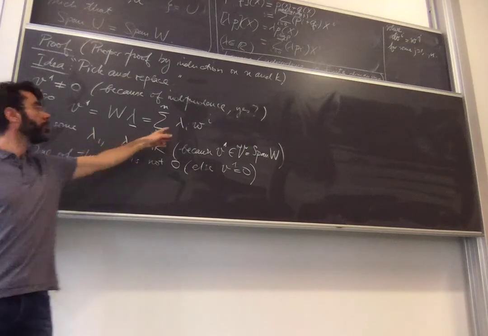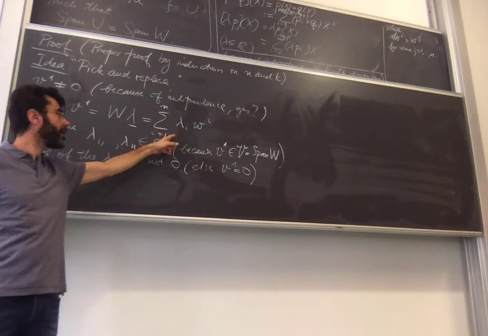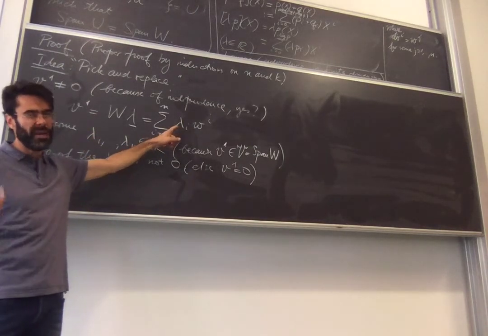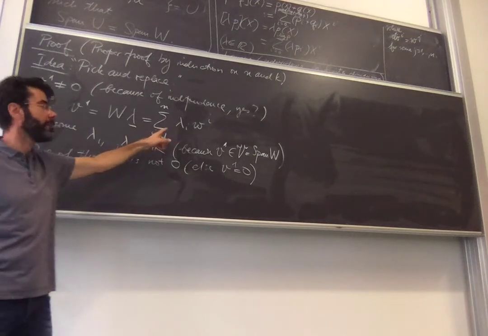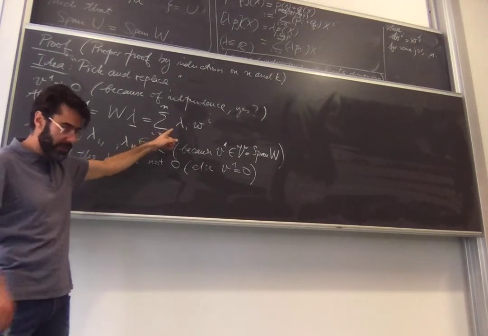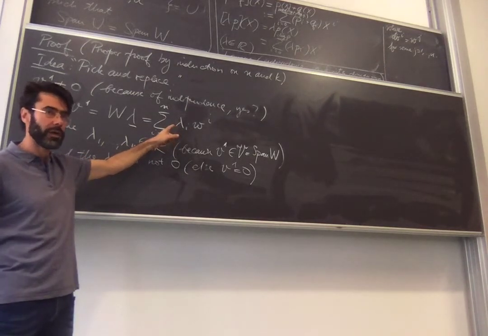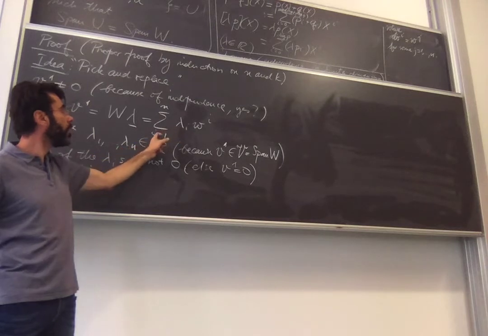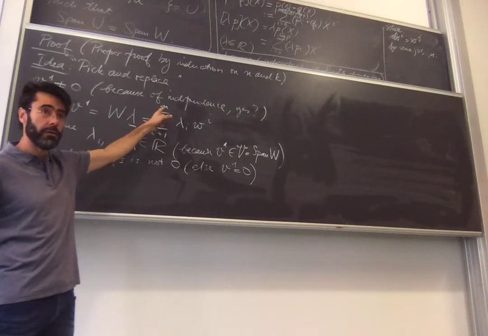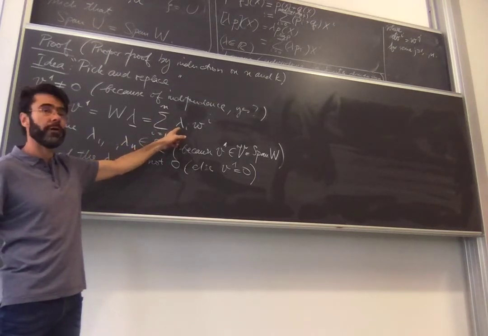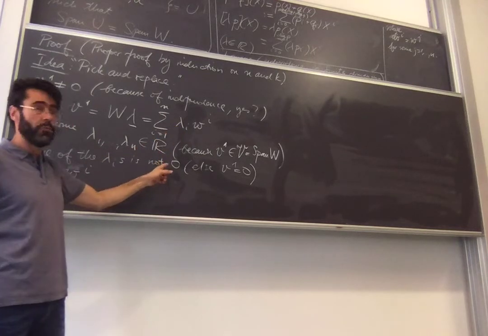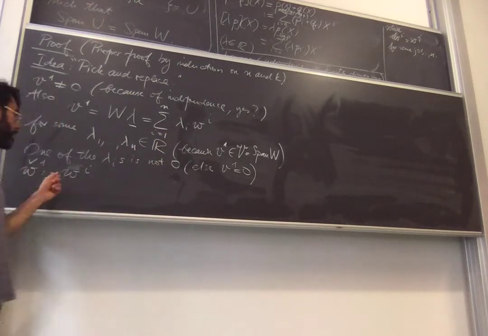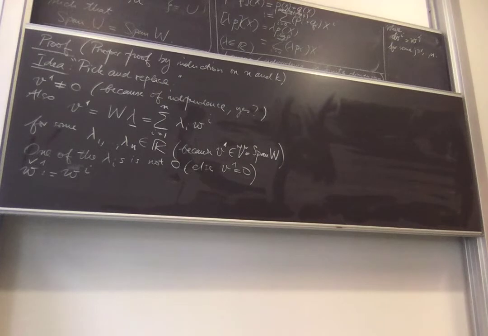If you had to implement this in an imaginary algorithm, because it's infinite dimensional, you would go through all the i's from 1 to n in a for loop, and the first one for which you find lambda_i non-zero, and there must be one, you stop, and you call that one the W_i.